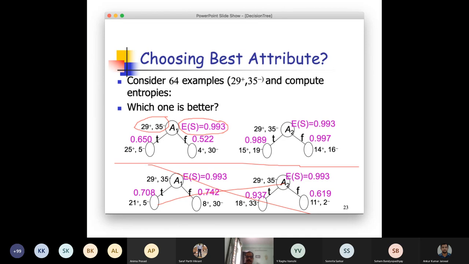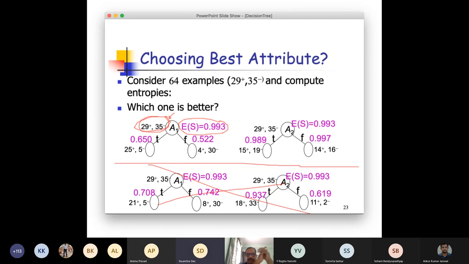Sir, how do you get this entropy? Sir, the weighted mean of those terminal nodes' entropy. No, my question is how this entropy becomes 0.993 for this distribution. We are considering entropy with respect to this distribution. Sir, at first we computed the entropy for these two terminal nodes, one is 0.650 and another is 0.522.